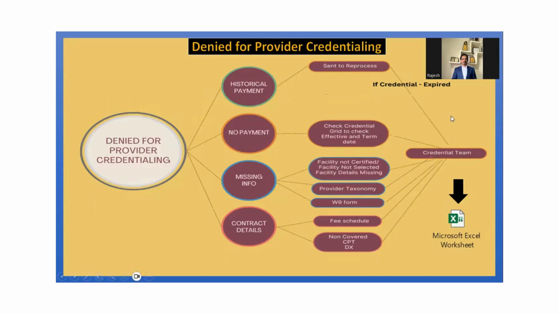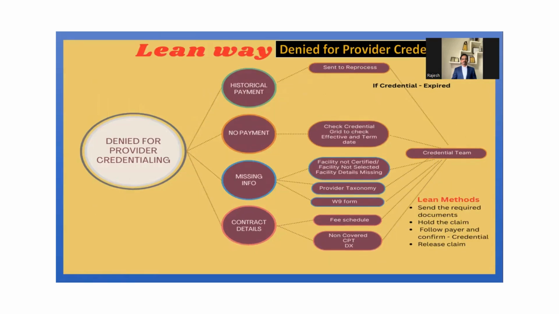Okay, how are we going to solve this through lean, right? That's a major thing. In the lean way, when we are trying to solve this, we'll follow all the steps. The one difference is what we need to do before we get this particular denial. First thing, if you identified that credentialing is a problem, and especially if it is for missing info, send the required documents. If you send the required documents today, it's not going to be updated by payer credentialing within 1 or 2 days.